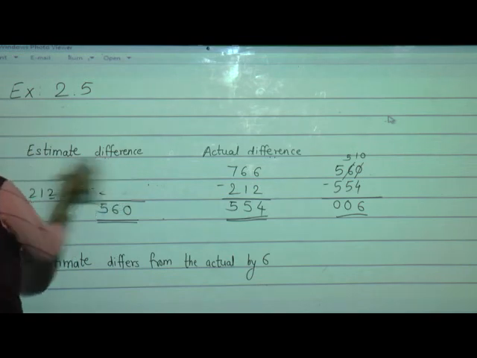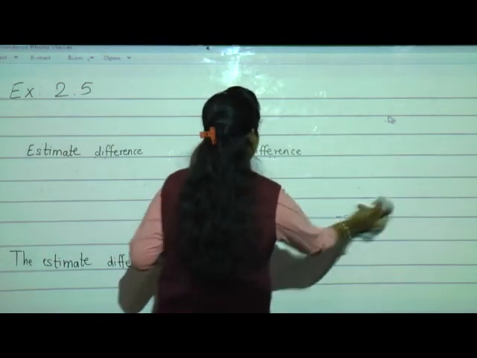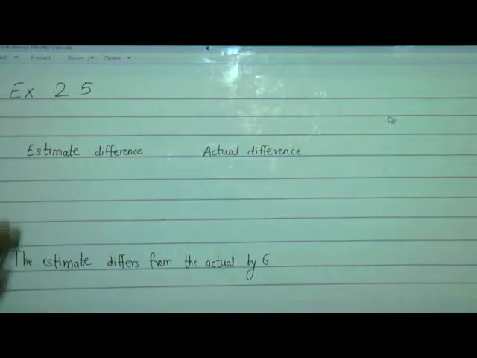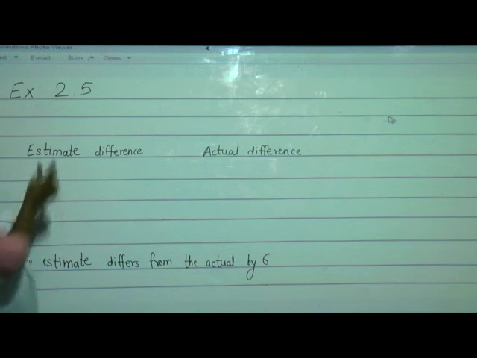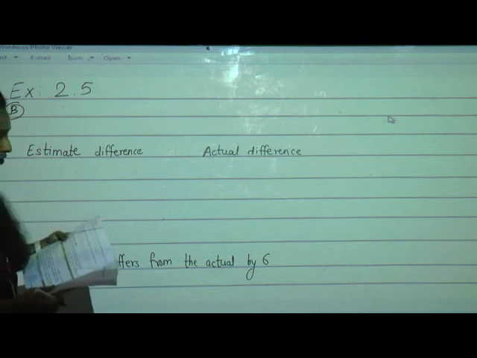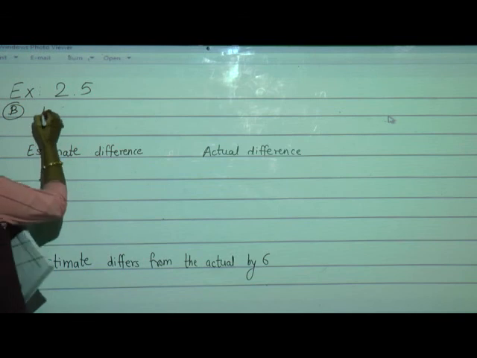Now we will start our B question from exercise 2.5. Same. What is the B question, students? So the B question is: estimate each difference to the nearest 100. They say nearest 100.